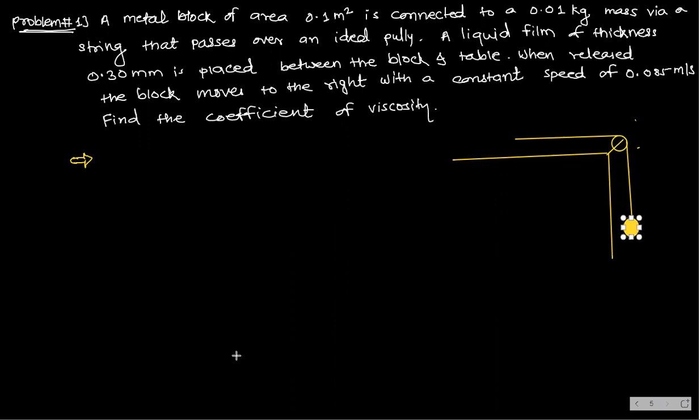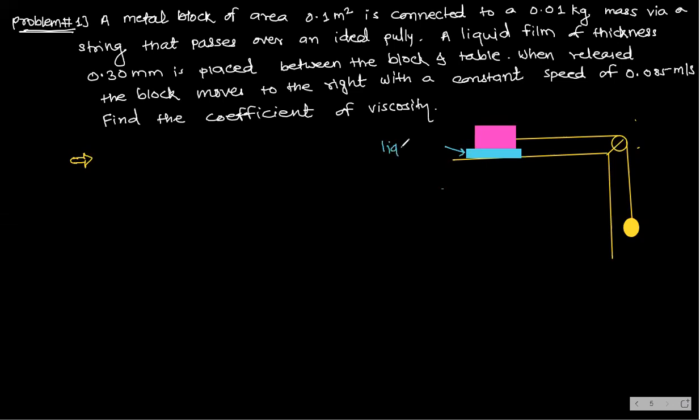And here is a metal block. And now below this you have one liquid film. Okay, below this block you can see here is what? Liquid film. Okay, so this is what?